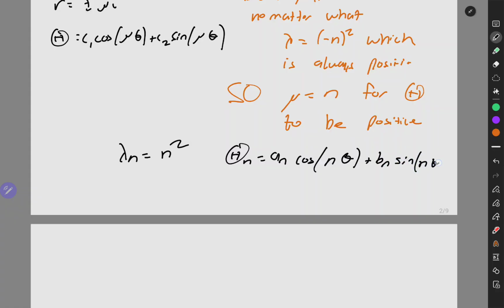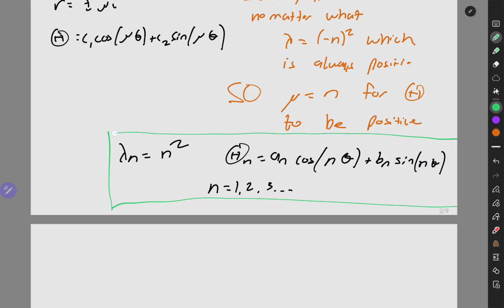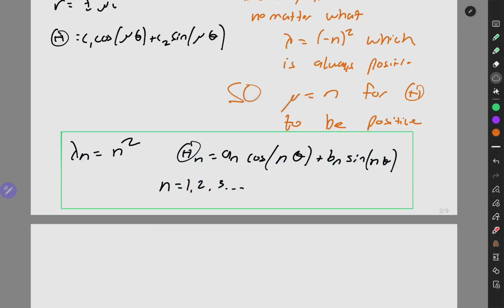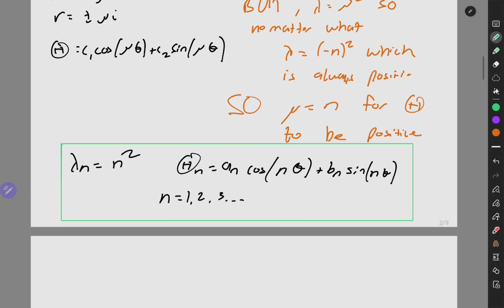Plus b_n sine of n theta for every n is 1, 2, 3, and so on. So this is pretty cool the way this worked out, right? You can kind of see how it works. Okay. So that's case 1.